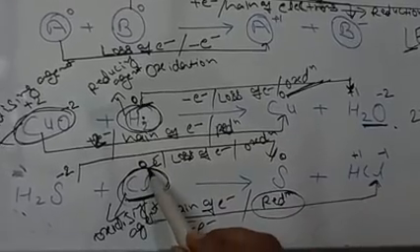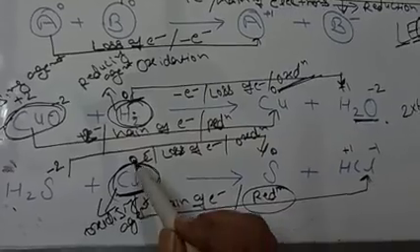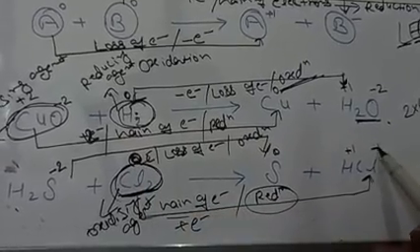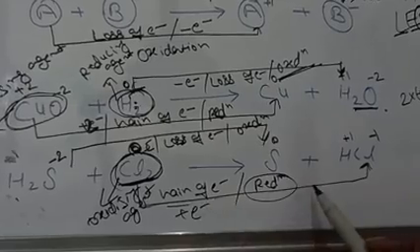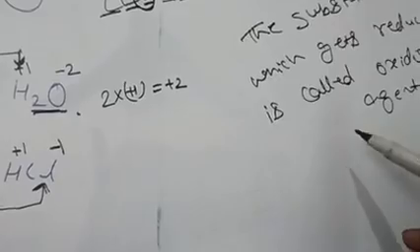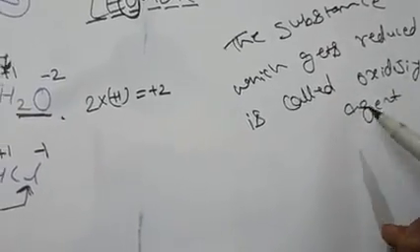In this reaction chlorine goes from the 0 state to the -1 state, because there is a decrease in the oxidation state of chlorine. So this is the reduction, and as I said, the substance which gets reduced is called the oxidizing agent. Here chlorine is reduced, so it is the oxidizing agent.